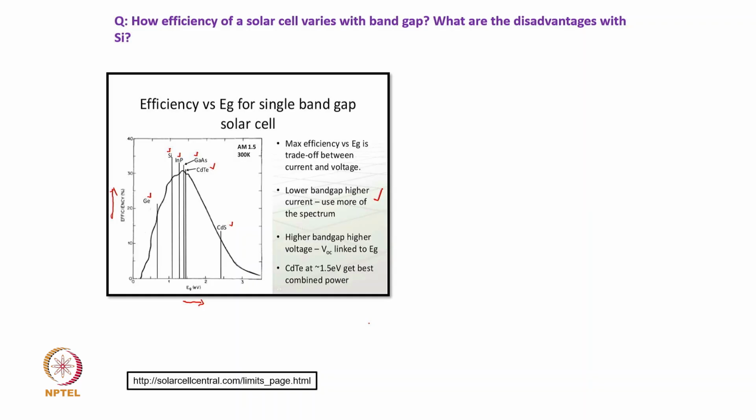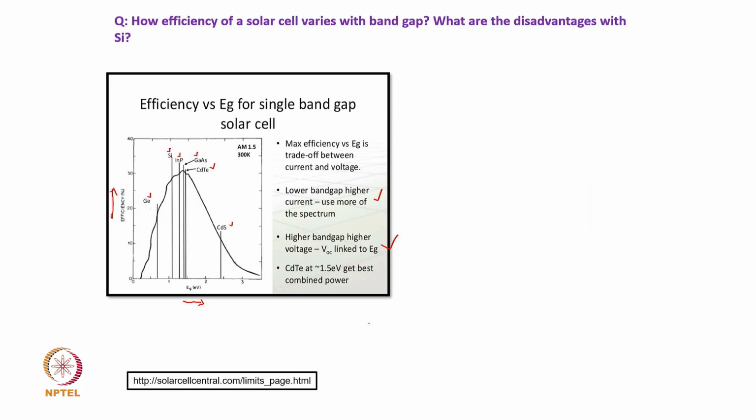So, we have to go to higher band gap. If we come to CDT, it is around a band gap of 1.5 electron volt. And then because of higher band gap, the open circuit voltage increases. So, CDT is somewhere in between, around 1.5 electron volt, which is a very good optimum band gap for solar cell.